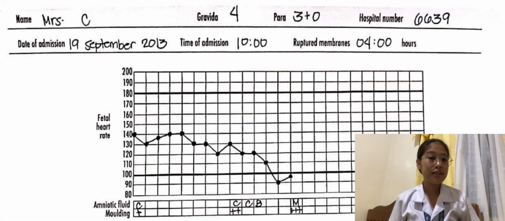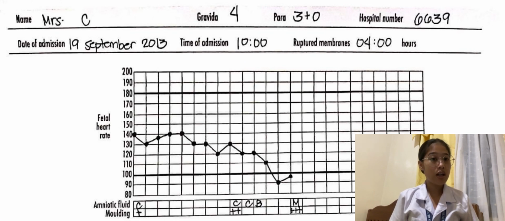So as you can see in here is the fetal heart rate of the baby, wherein we need to measure the fetal heart rate of the baby using a fetal Doppler. So as you can see, the fetal heart rate of the baby is gradually decreasing.